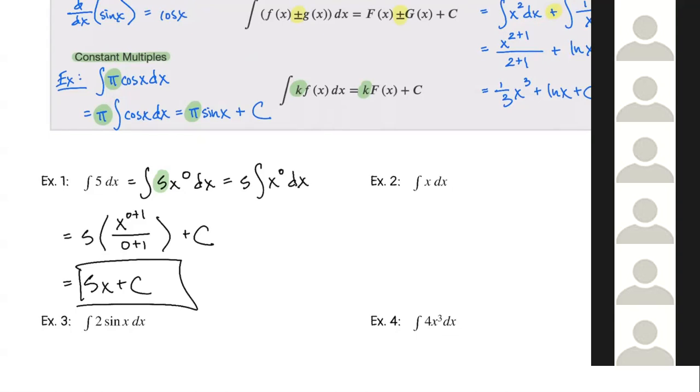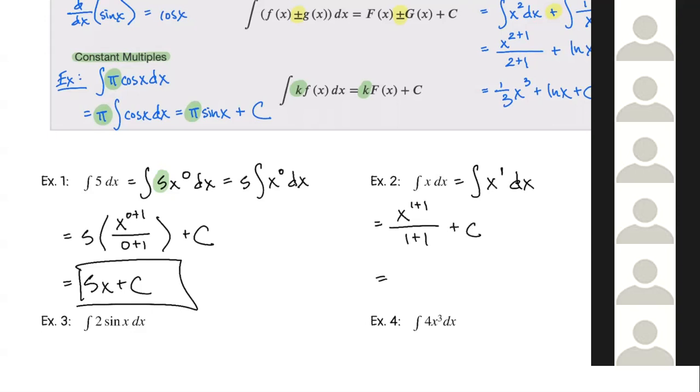All right, now, can someone help me identify what is the power that I should be writing for example number 2? That power is 1. Good. Since we know that power is 1, we are in the clear to use the power rule. So we get x to the 1 plus 1 over 1 plus 1 plus c.